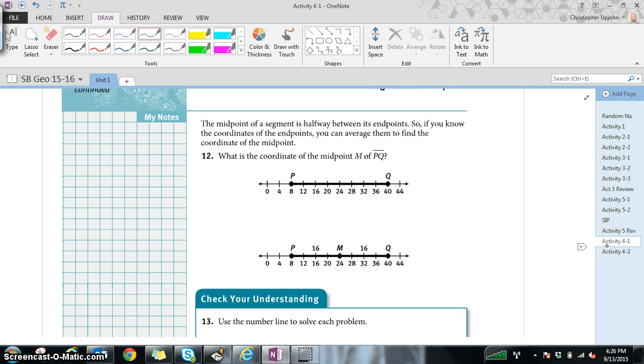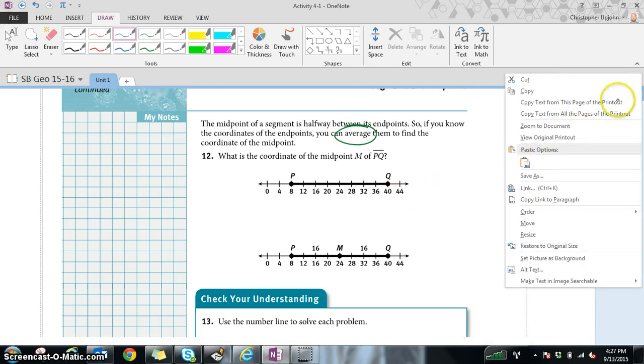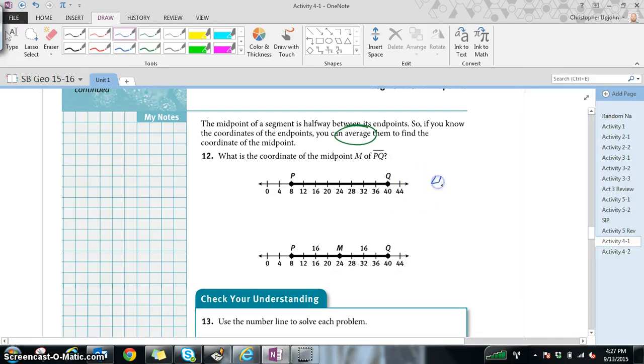The midpoint of a segment is halfway between its endpoints, so if you know the coordinates of the endpoints, you can average them. Again, average, like we talked about, the midpoint formula, to find the coordinate of the midpoint. So when we find the average, we add them up and divide by 2. So 40 plus 8 divided by 2.